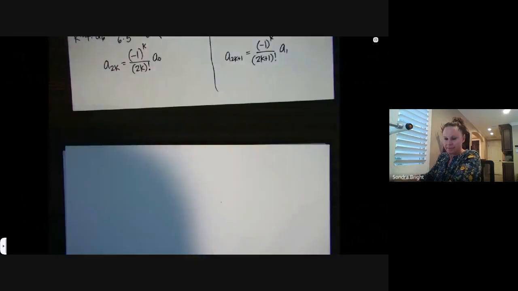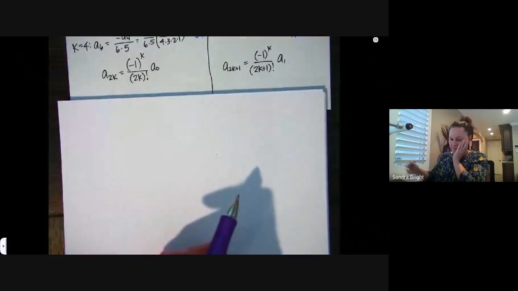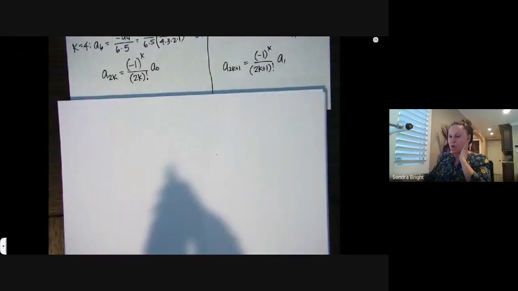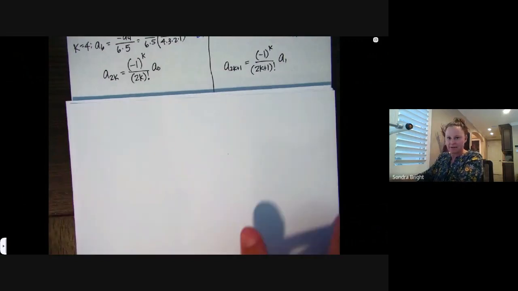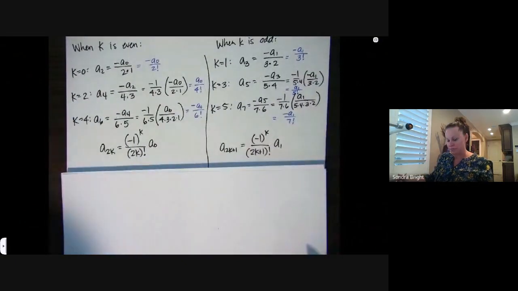Now I will show you how to write your answer. Also, I'm going to show you the general solution. But most of the time, like this was a pretty straightforward pattern, hopefully you thought so.